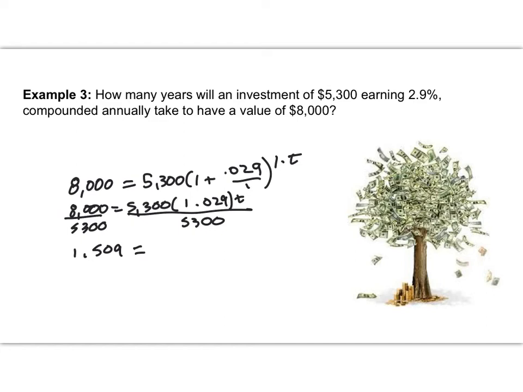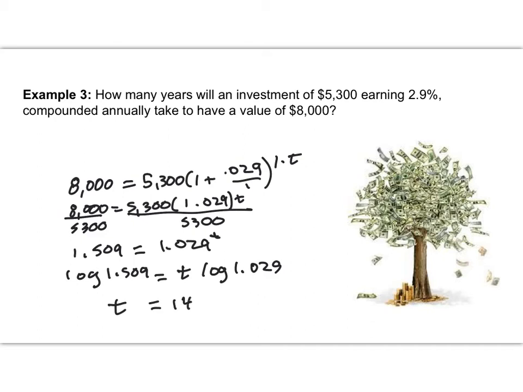Don't round again, equals 1.029 to the t. Bring down your exponent by taking the log of both sides. Use your last answer, don't round. Divide both sides by the log of 1.029, and t is about 14.4 years.